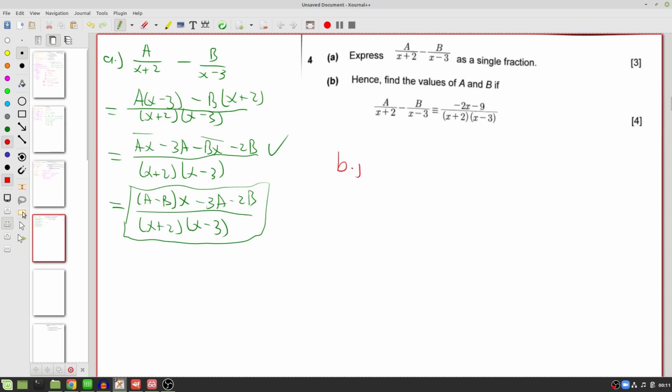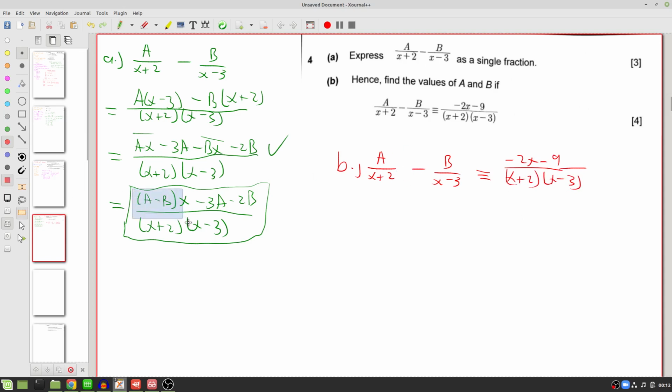Okay, so we have our original equation. I'm just going to copy this and paste it here. So we have that equal to, or equivalent to, actually three lines, negative 2x minus 9 over x plus 2, x minus 3. Alright, so now what we see, we already know what this answer is, right?